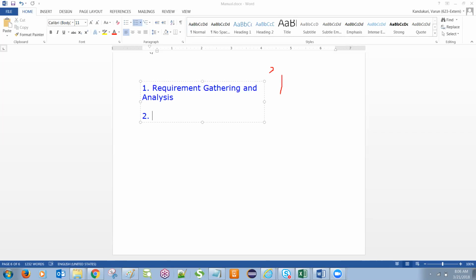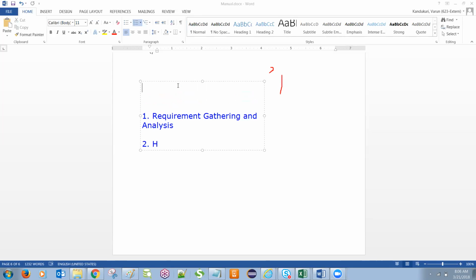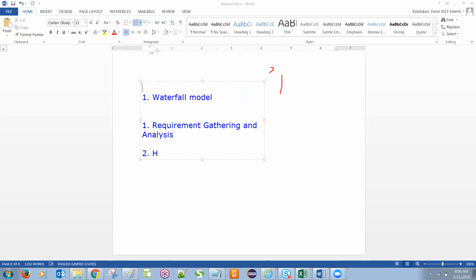Also mention it as the waterfall model. Yes, you have to write the title. So when I show the slides, you write the title: waterfall model. And this waterfall model comes in the first part.